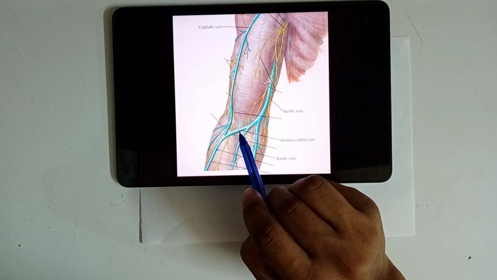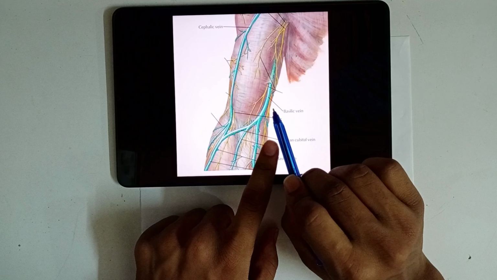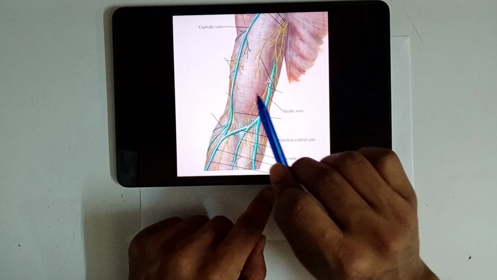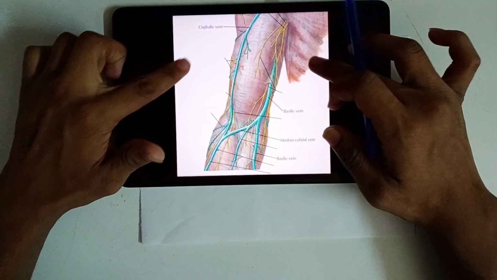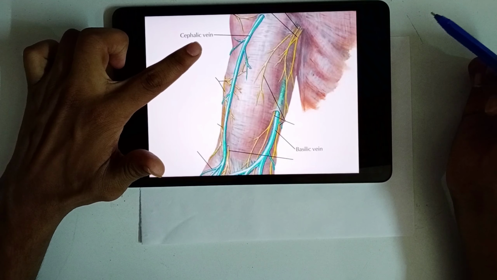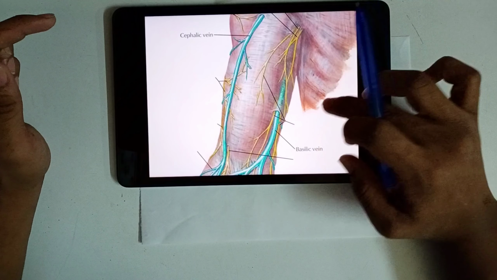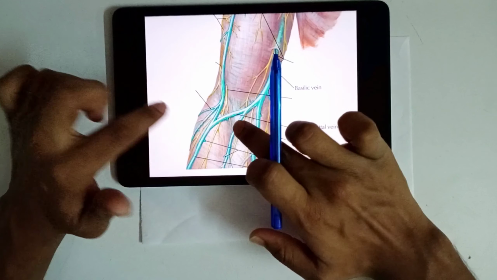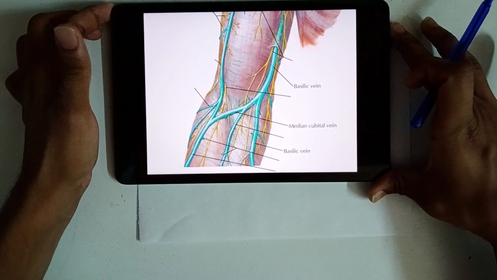This median cubital vein is formed by joining of basilic vein and cephalic vein. Can you see? This is cephalic vein, this is basilic vein. Formed by both of them. This is median cubital vein.